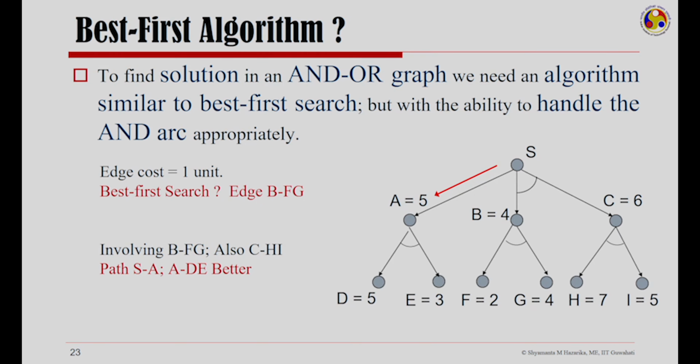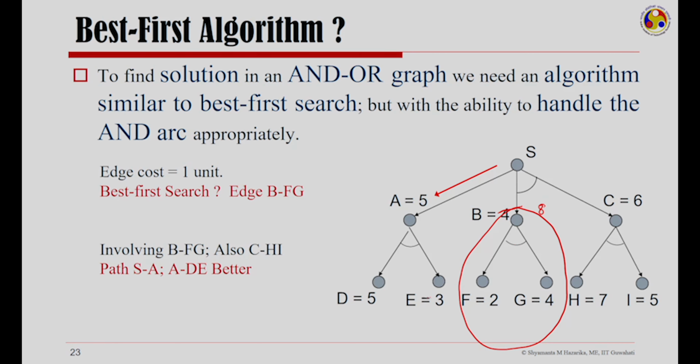Let us say now I expand node A and arrive at D and E. Node B is expanded to, let us say, F, G, C is expanded to H and I. Now, if you look at the edges, then possibly the one involving B, F, G here has the lowest cost, because this would be 2 plus 4 plus 2, which is 8.